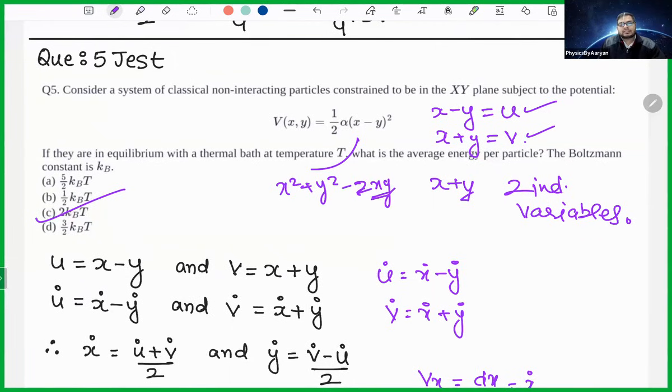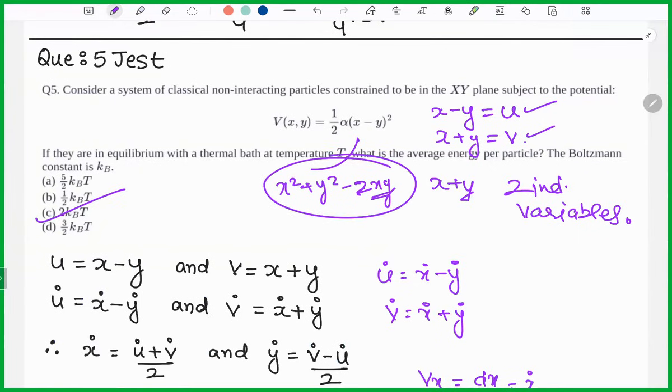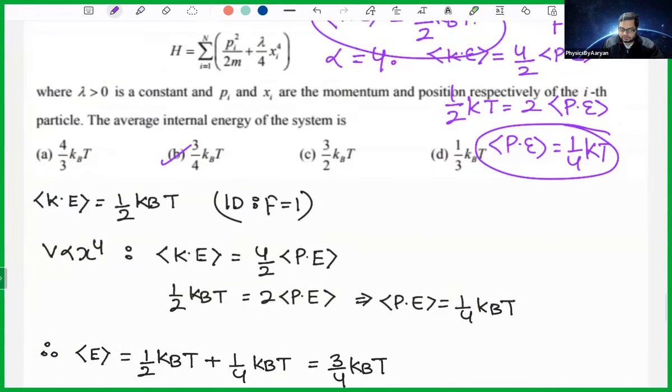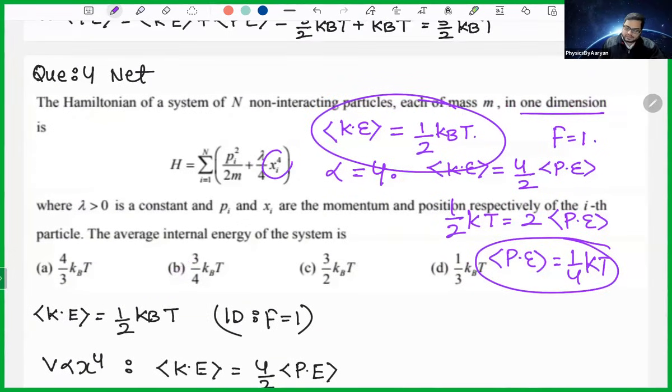So did I directly start using virial theorem, or first I tried to decouple them, right? So first, whenever you see multiplications, rather than using the theorems, you first decouple them. Because if you decouple, only then you can easily apply your virial theorem and equipartition theorem. In previous cases, there was no decoupling. You see only x to the power 4.